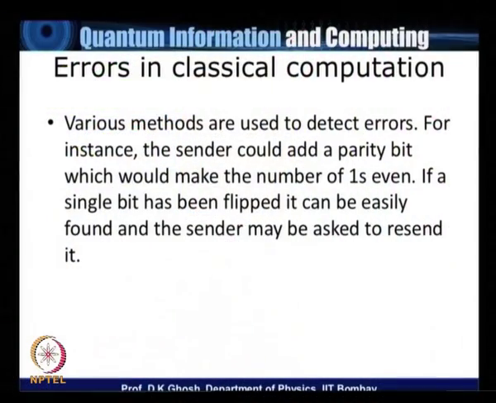So how do we detect errors? Classically the simplest would be, if the sender could tell me what he or she sent, then I would simply be able to find out what I actually got and see whether they are the same and take a corrective action. But there are various methods which are used to detect errors. One of the simplest would be, suppose the sender adds what we would call a parity bit.